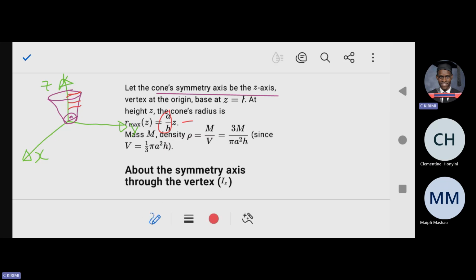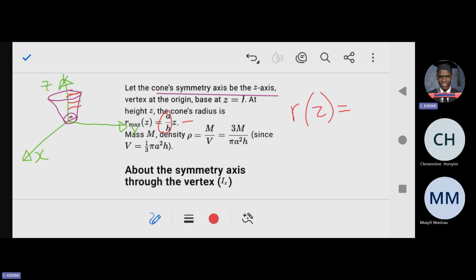So in short, you are just saying R of Z, R as a function of Z, which means the radius at any given point. As Z is increasing, the volume of the cone is also increasing. Remember, we are not given a height as a constant.